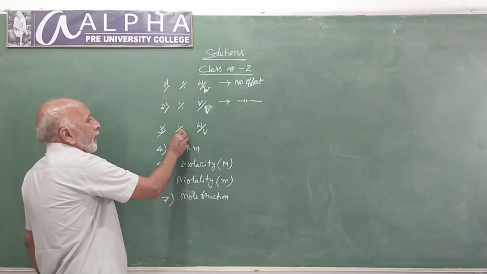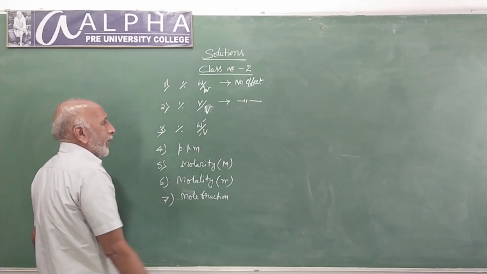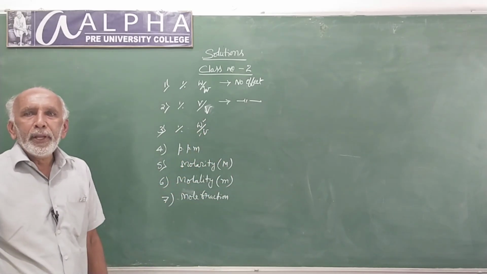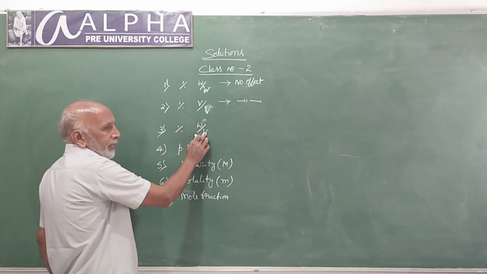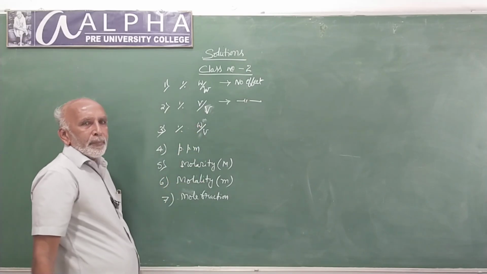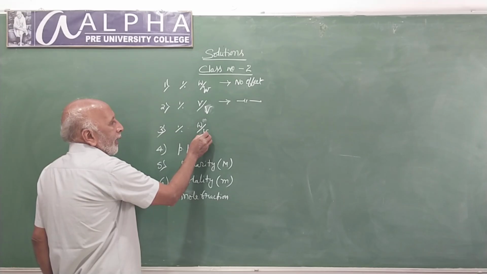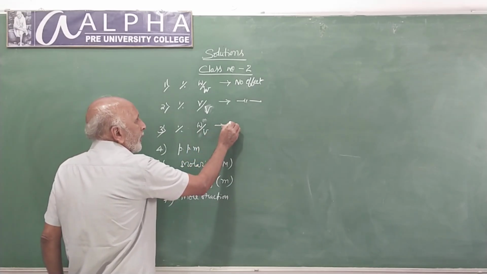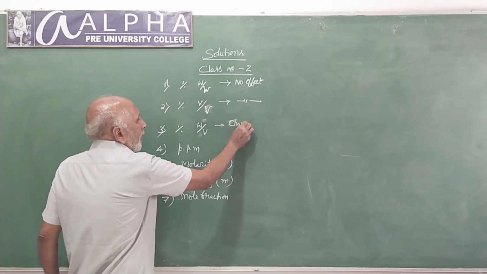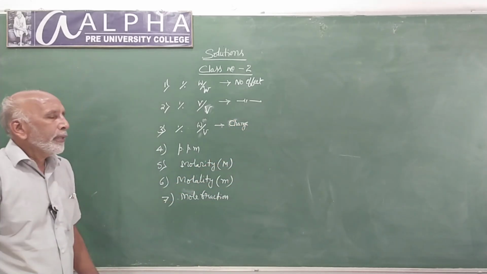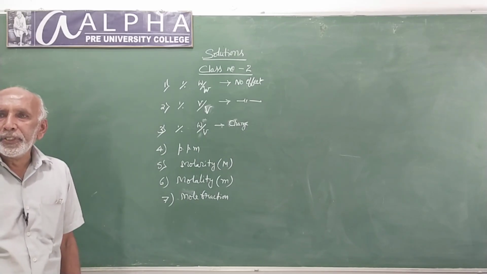Next, here the mass term is in the numerator and the volume term is in the denominator. On rising the temperature, volume increases, but mass remains the same. So, the volume term is in the denominator, and change occurs here: on changing the temperature, the concentration also changes.